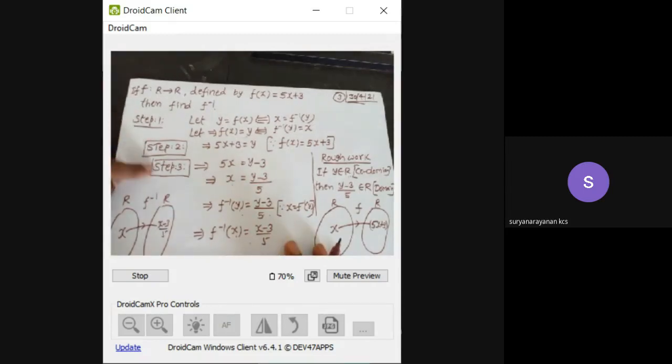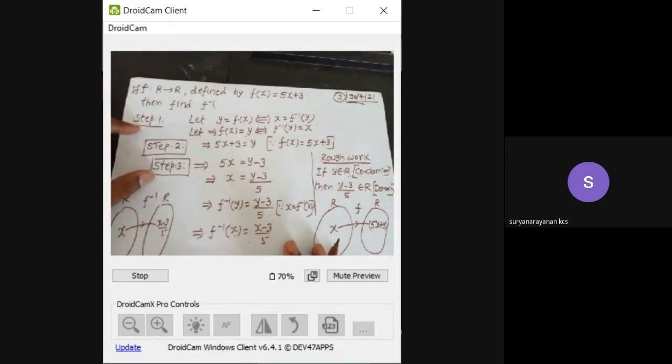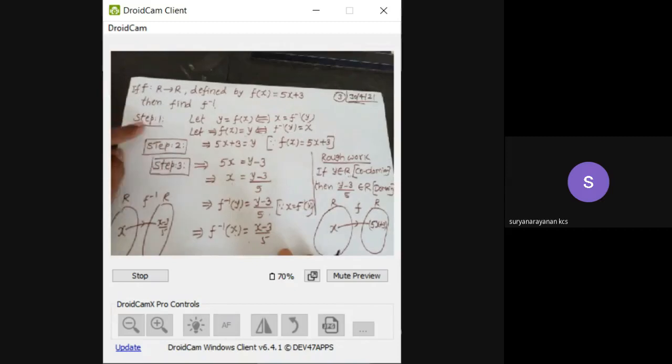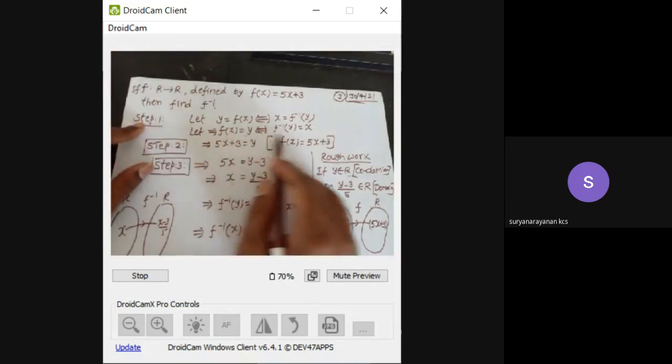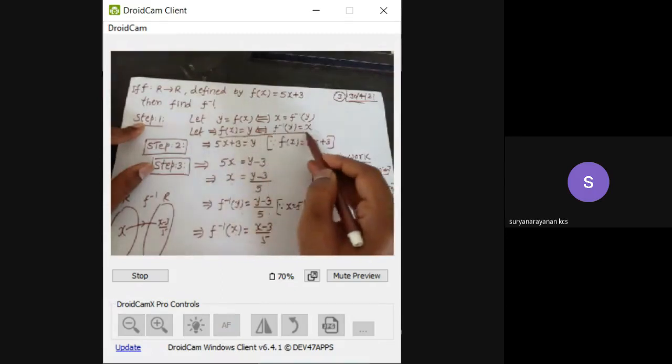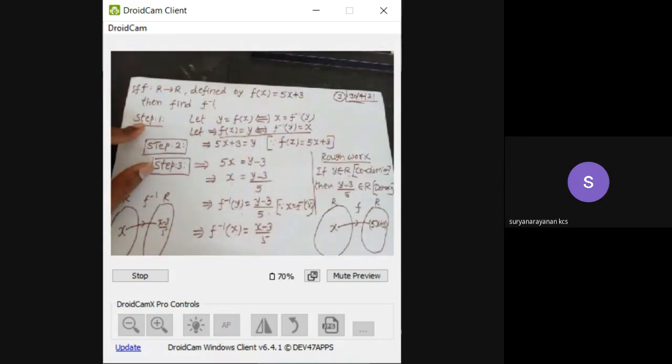These 3 steps are very important. Questions may vary, but you should remember these 3 steps. First step, write this line: f of x is equal to y implies f inverse of y is equal to x.